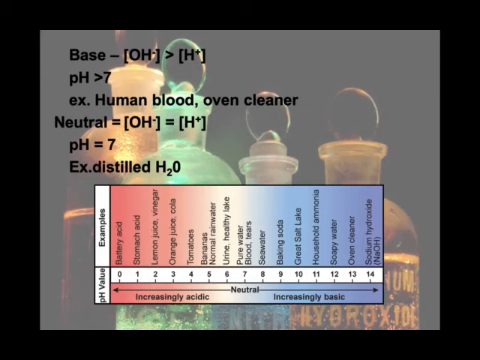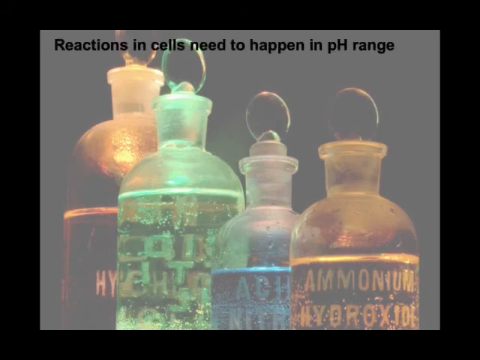Tears, kind of, are a little bit more toward the basic side. Blood also, as I told you, is a little bit on the basic side, but pretty close to neutral. Reactions in a cell need to happen in a very specific pH range. Like I mentioned, blood is 7.45 to 7.55.